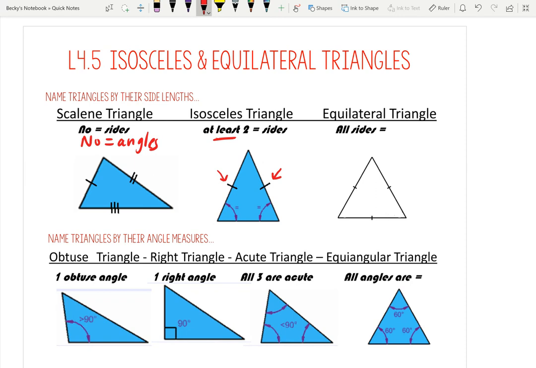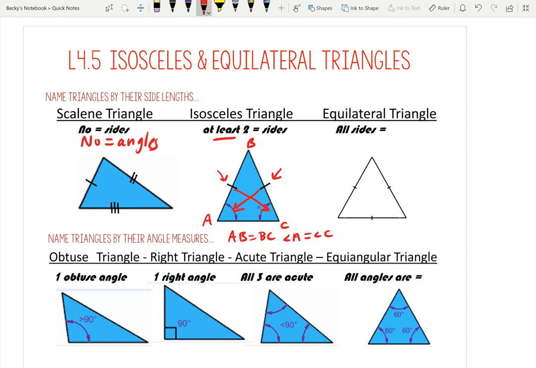On this diagram, let's call these A, B, and C. If AB and BC are equal, then across from them are also equal. So angle A, across from BC, is equal to angle C, across from AB. Two equal sides, two equal angles.